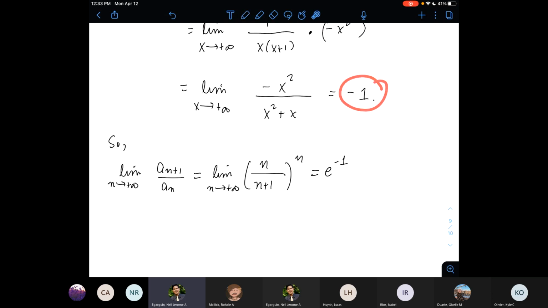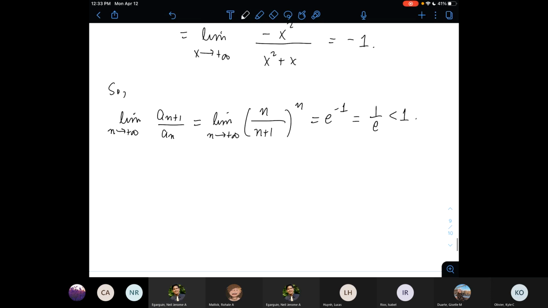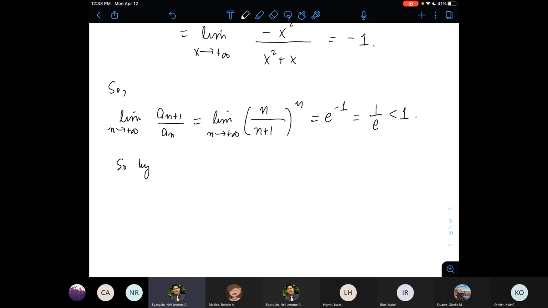That negative 1 is from here, right? So I use that as an exponent to e, and e to the negative 1 is 1 over e, which is definitely less than 1. So by the ratio test, the given series converges. Okay. It was longer than what I expected, but I hope the process makes sense.